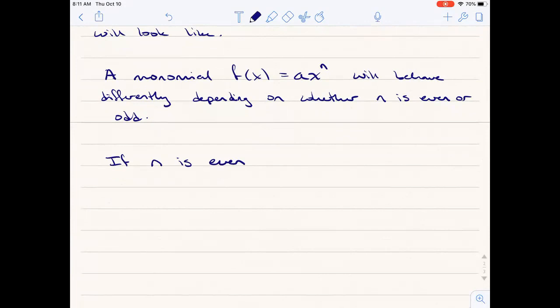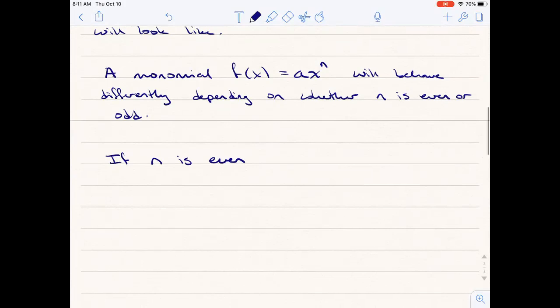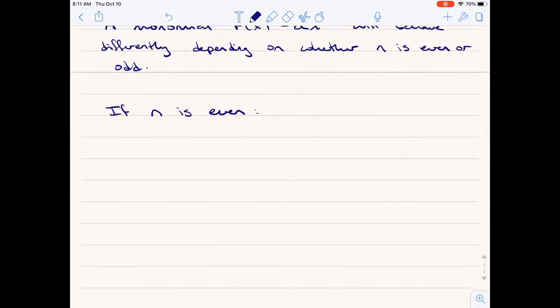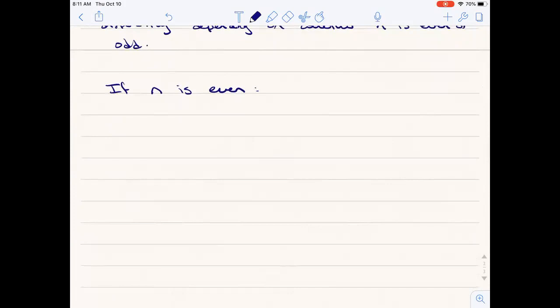So think about if n is even, you could have a is 1 and x to the power of 2, right? Then we have x squared. We know what x squared looks like. And so what we get is something like this. Let me see if I can draw it.